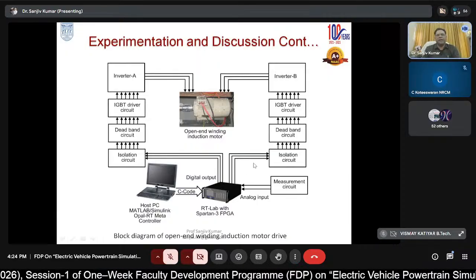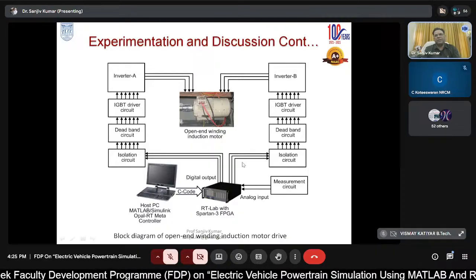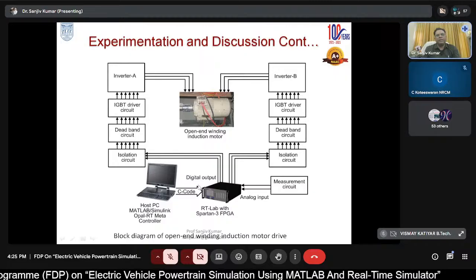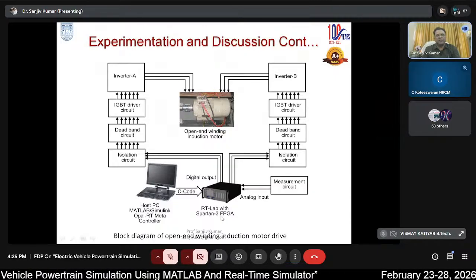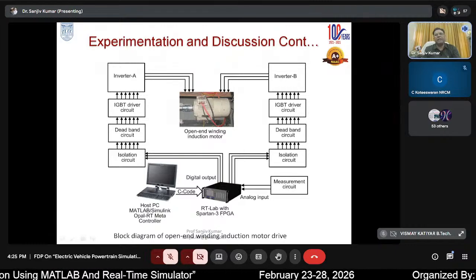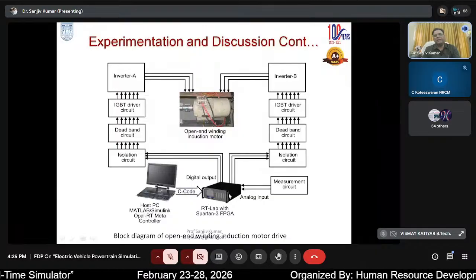And these IGBTs are triggered, or the pulses are given, through the OPAL-RT system in real time mode. What we did, we generate the program for this Spartan board using our host PC on MATLAB, and run it in this real time simulator.